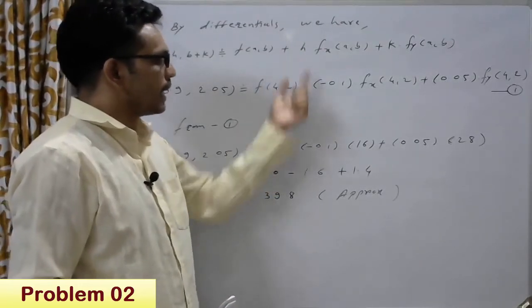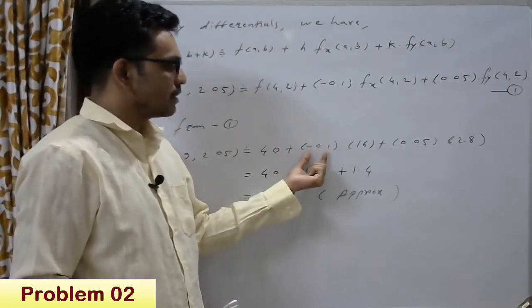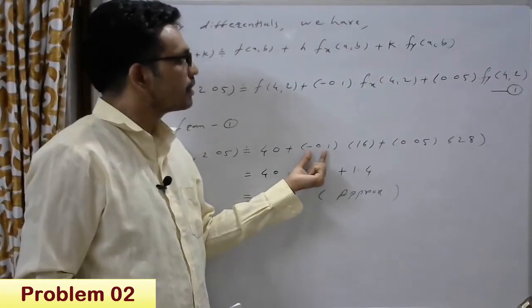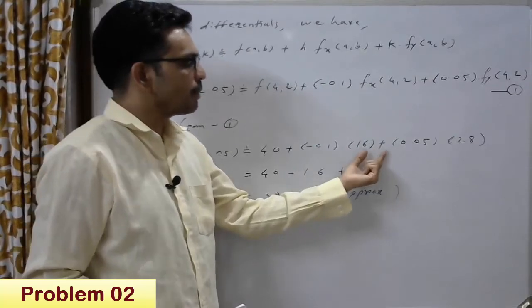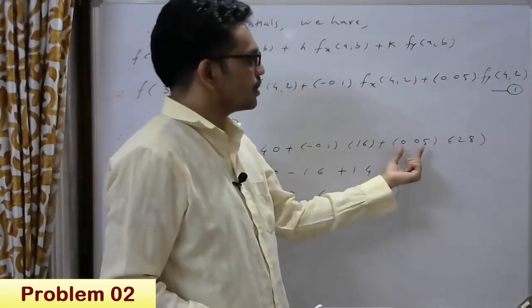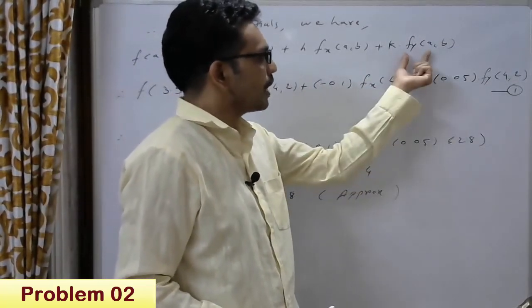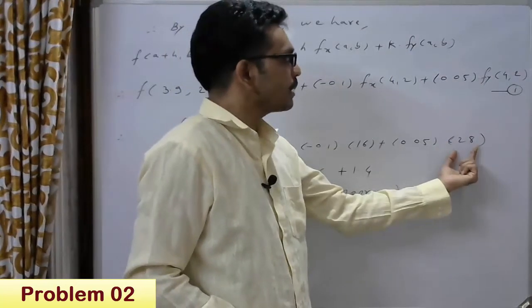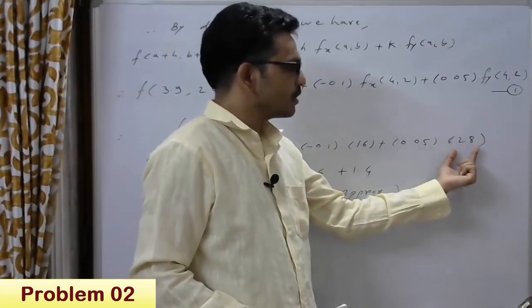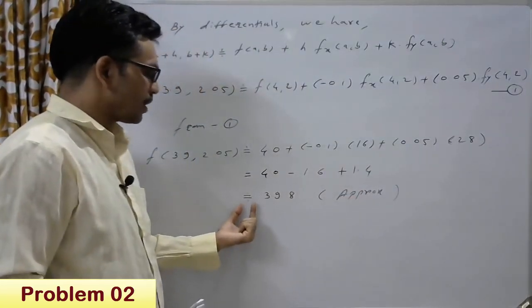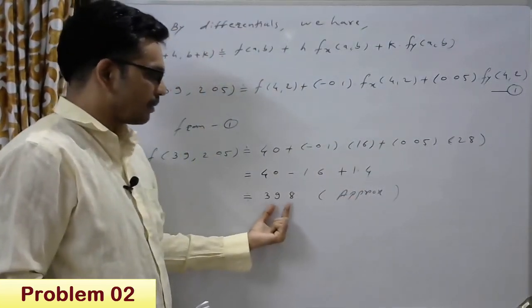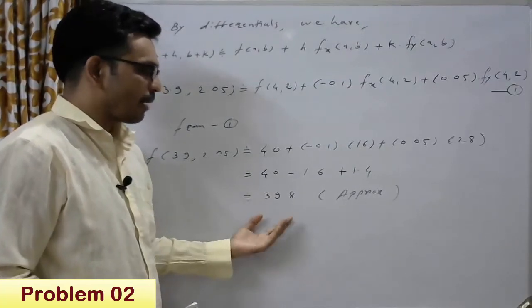The value of h is minus 0.1. The value of f_x at the point (4, 2) is 16, and k is equal to 0.05 into f_y. The value of f_y at the point (4, 2) is 28. Then by simplifying, we get approximately 39.8. This is the approximate value.